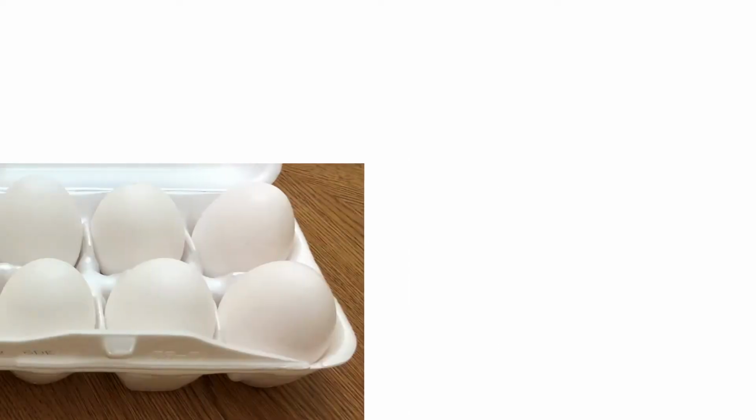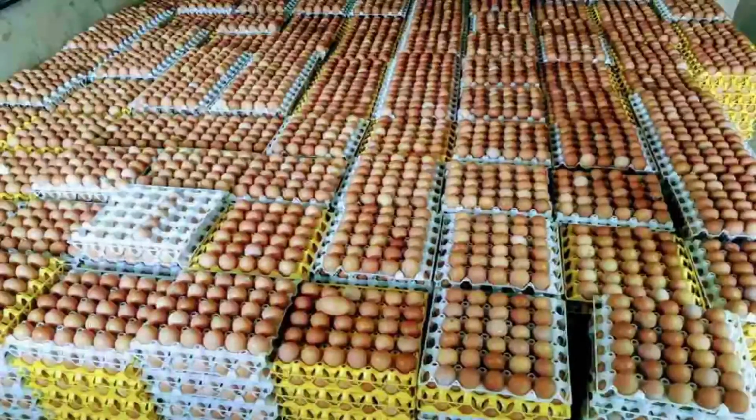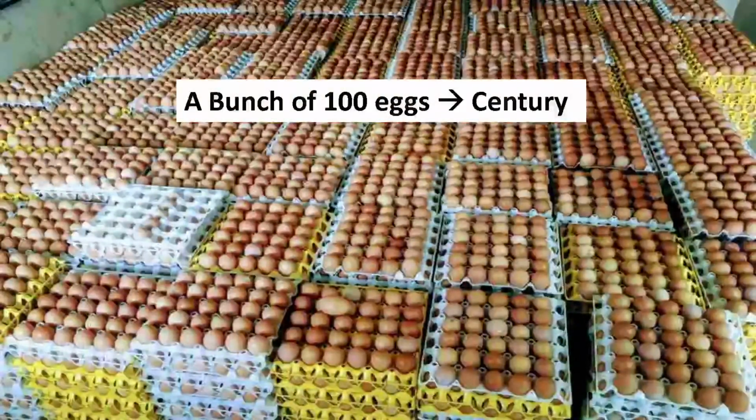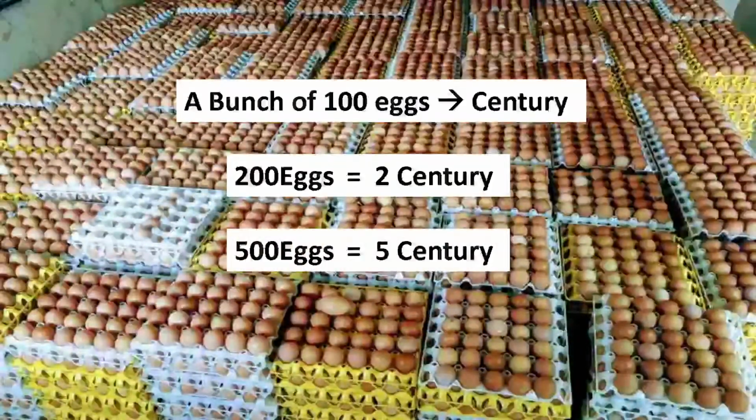The concept of mole. We know that a set of 12 eggs together makes a dozen of eggs. Suppose we decide to name a bunch of 100 eggs together and we call it a century of eggs. So, a bunch of 200 eggs will be 2 centuries of eggs. A bunch of 500 eggs will be 5 centuries of eggs.